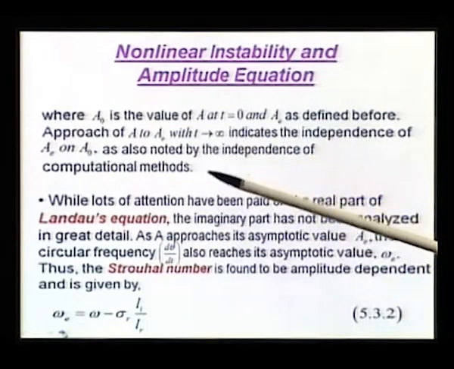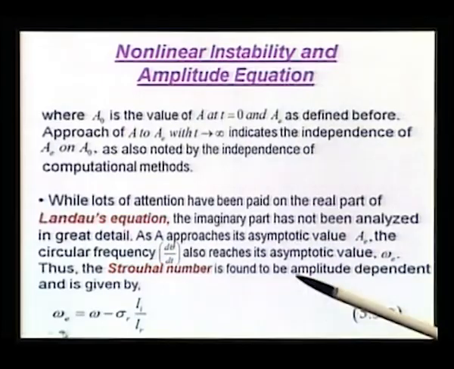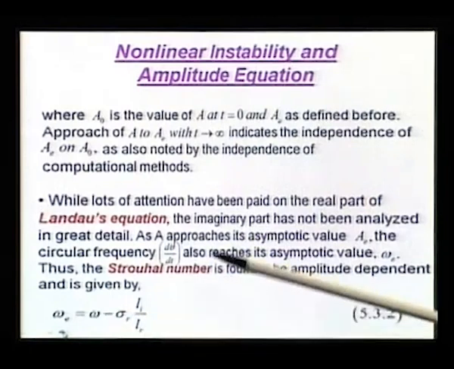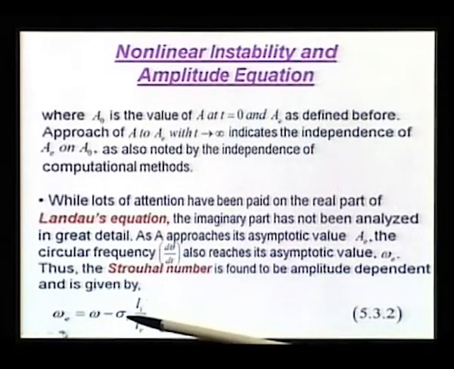And in the bottom we talked about that while Landau himself paid all his attention on the amplitude equation, and he claimed that the phase is indeterminate, which is not true. We have seen the phase is given by this, and that is that equation, right. And as A approaches its asymptotic value A e, the circular frequency actually comes out like this. It is interesting what you notice, that the equilibrium amplitude is totally determined by the linear stability property.